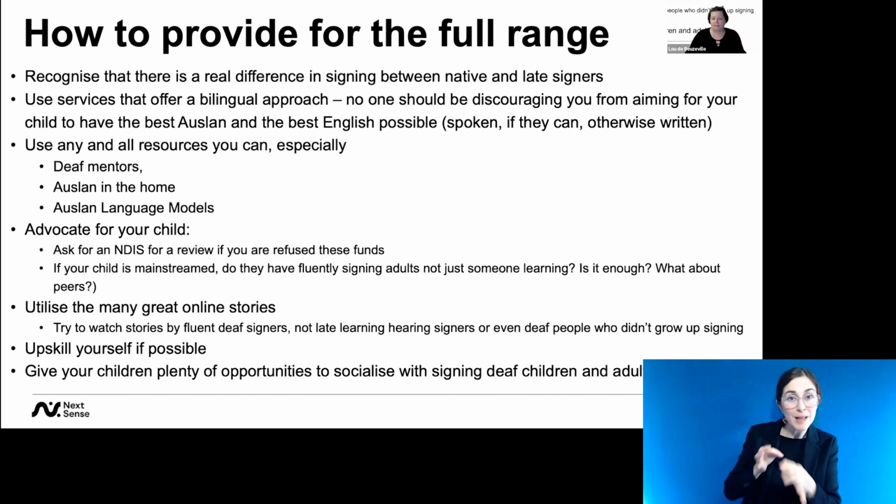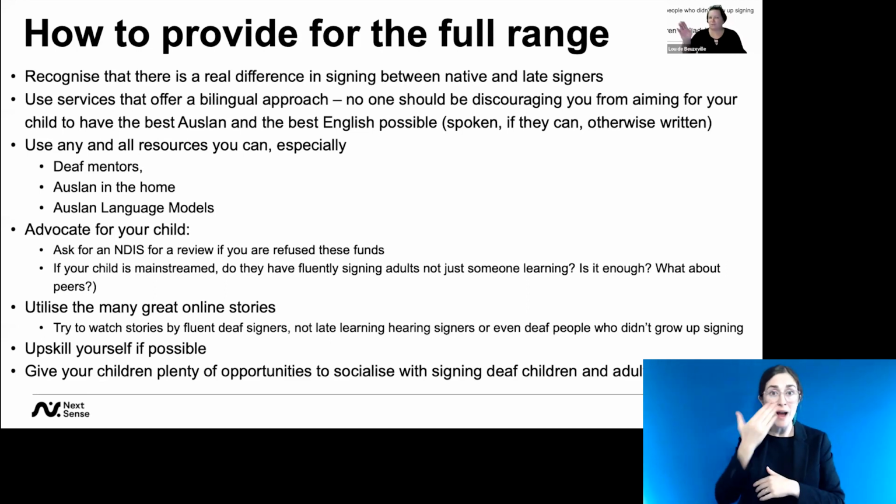If your child is in a mainstream school, do they have access to fluent signing adults, not someone who's learning at the same time? Do they have any peers they can talk to? I do get a bit frustrated with, oh yeah, but the school's got Auslan. Okay, but the kids at our school, and I know not everybody lives in the capital city, I'm not saying I have the solution, but they have a huge bunch of kids that they can have a fluent conversation with, not a conversation with someone who's learning.